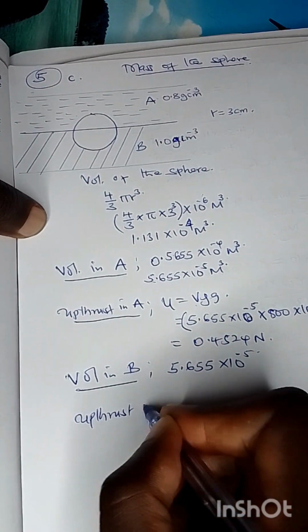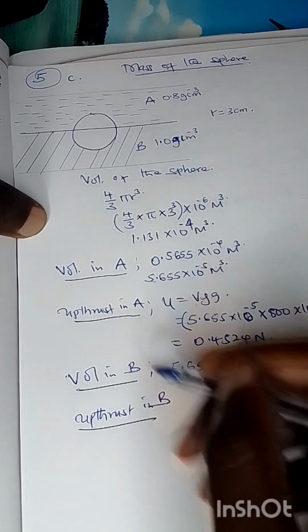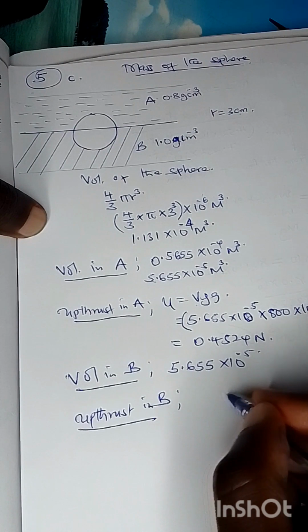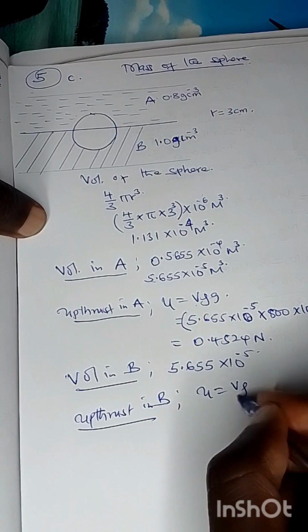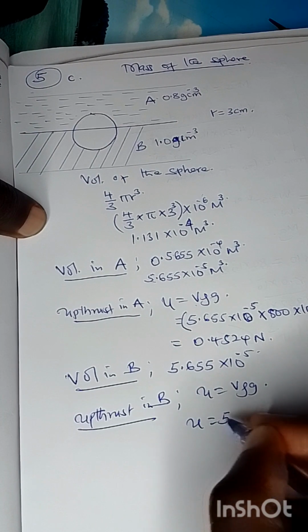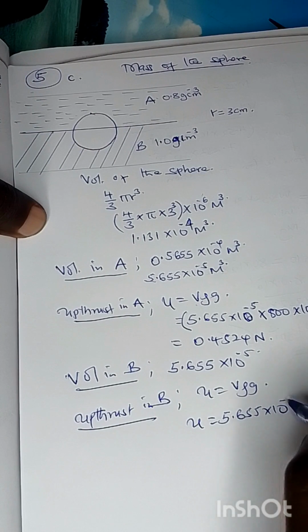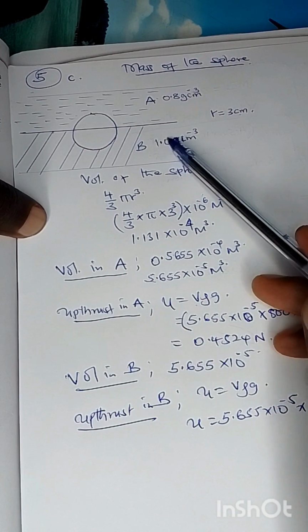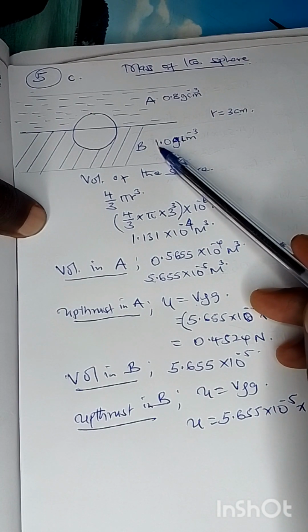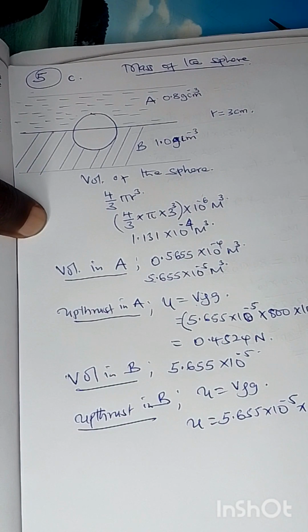From there, just go to upthrust in B. The upthrust that is acting on the sphere when it is in liquid B. We know that upthrust is equal to V rho G. So upthrust there will be the volume displaced, 5.655 by 10 power negative 5, multiplied by the density of liquid B, which is 1.0 grams per cubic centimeter. We change into SI unit, it becomes 1000, so just simply multiply by 1000.